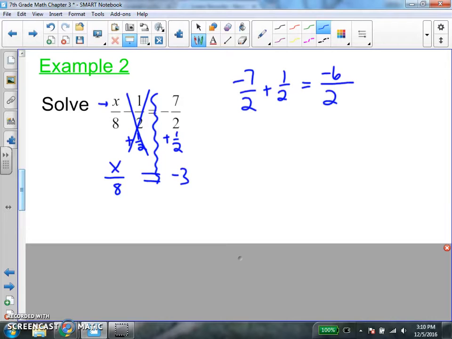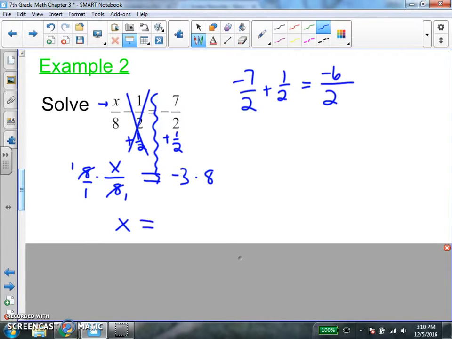Last step, ask yourself, what is being done to x? In this case, it's being divided by 8. So to undo that, I would multiply it by 8 on both sides of my equation. Remember, 8 times x over 8 is like saying 8 over 1. These would cross simplify, and the only thing that you're left with is x. Perfect. That's the only thing that we want remaining on the left-hand side.